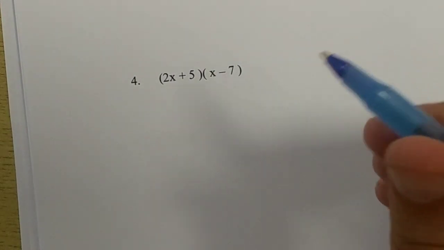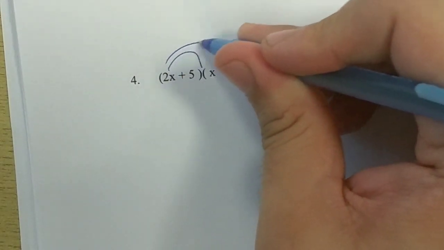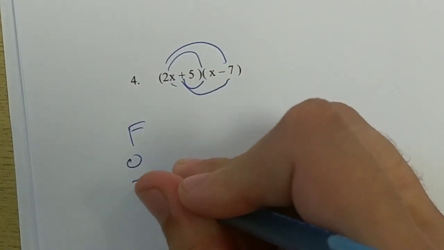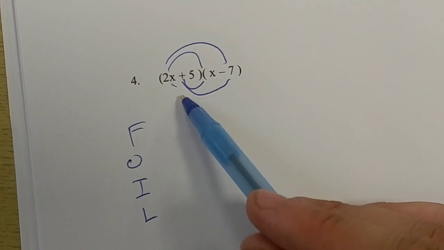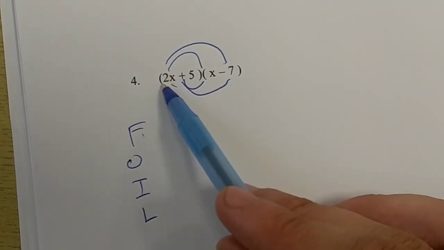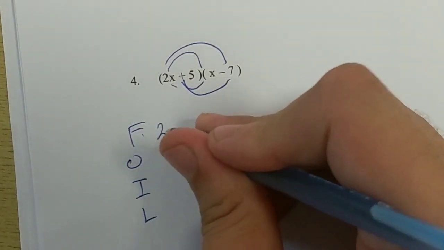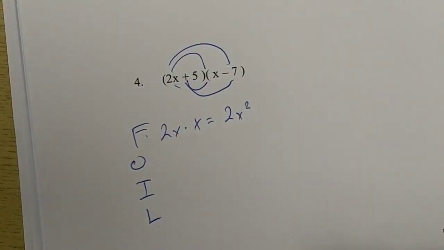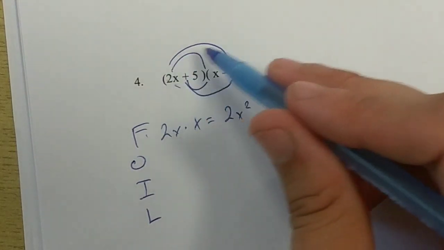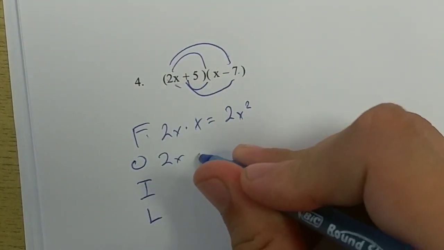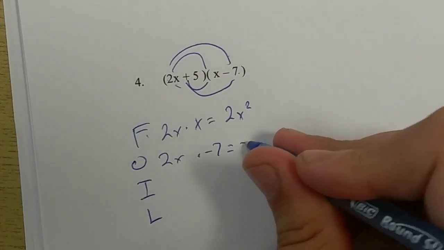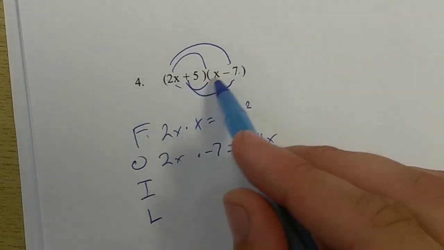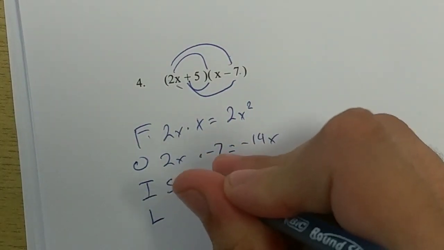This is foiling. If you don't remember what foiling is, everybody has to see everybody else. So I'll do it the long way out. So the front ones, that's what F stands for, 2x times x, that's 2x squared. Outside ones, so the ones on the outside, that's 2x times negative 7, that's negative 14x. The inside ones, that's 5 times x.